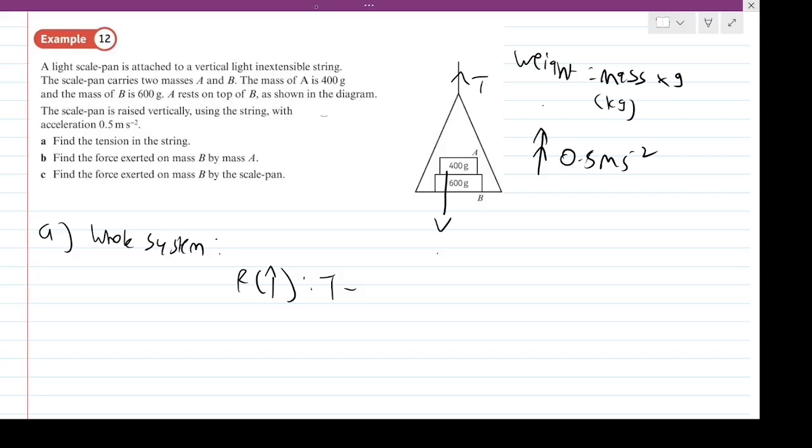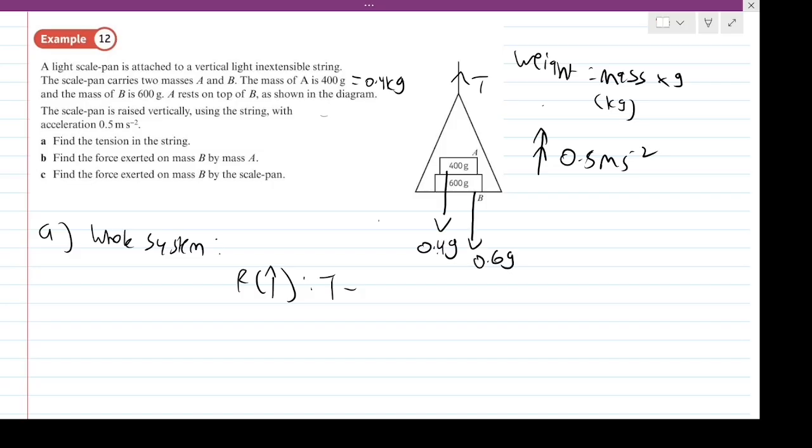The problem here is we've got 400 grams, which has to equal 0.4 kg. That's a standard unit, so that would be 0.4 times G. That's the weight of A pulling it down. B also has a weight of 600 g, so it's going to be 0.6 G pulling it down.